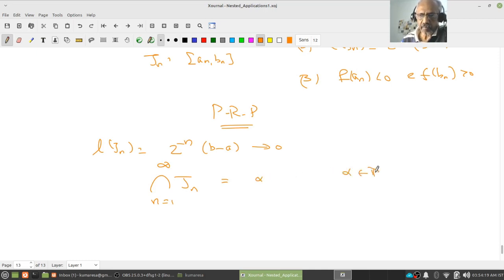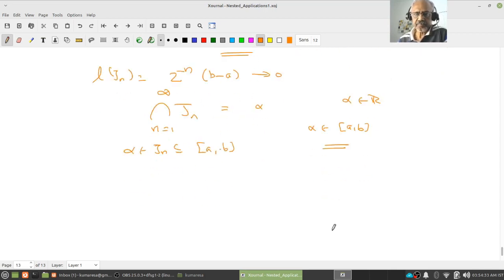Alpha is a real number, right? Notice that alpha belongs to [a, b]. Why? That means alpha belongs to J n for all n, and each J n is a subset of [a, b]. Is it clear? Right.